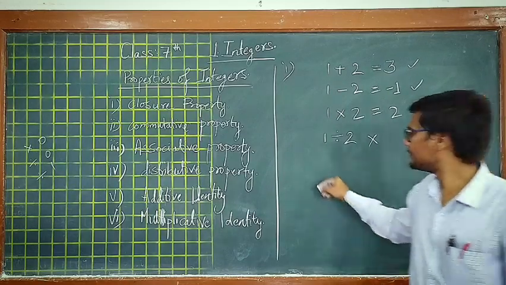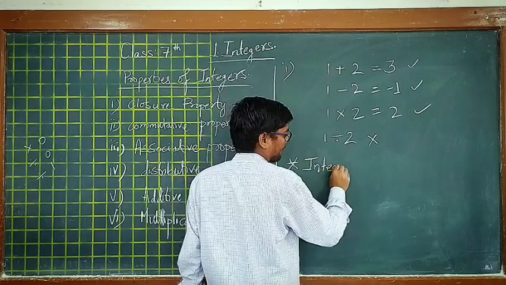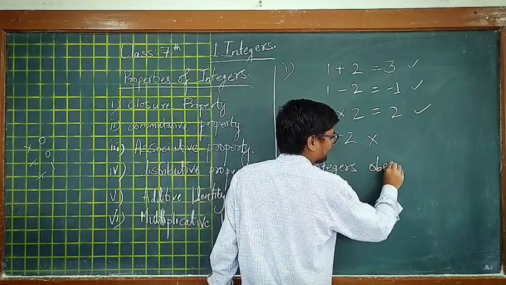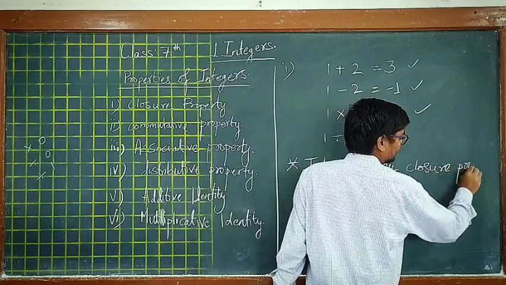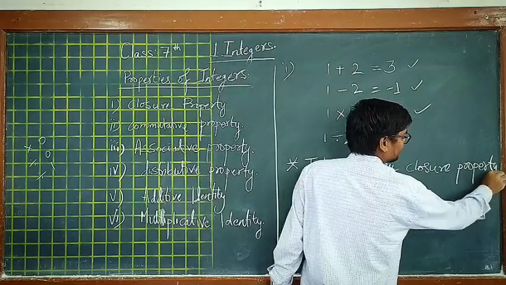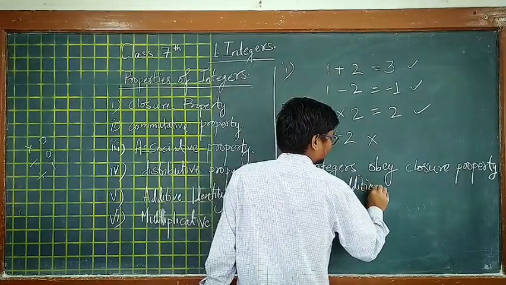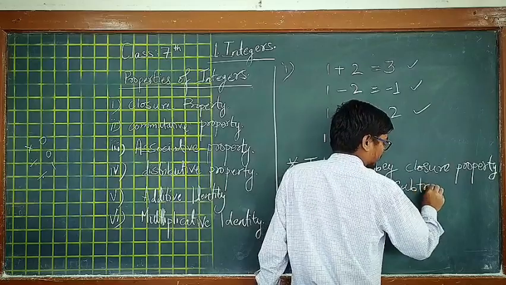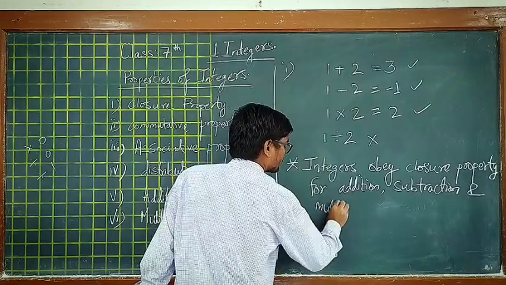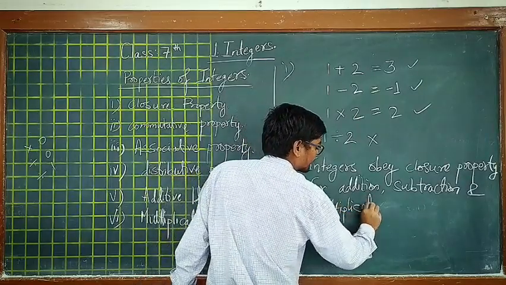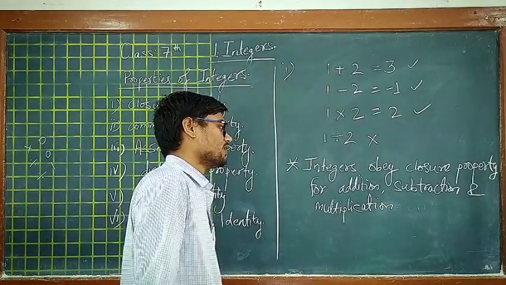So we can say that integers obey the closure property for addition, subtraction and multiplication.